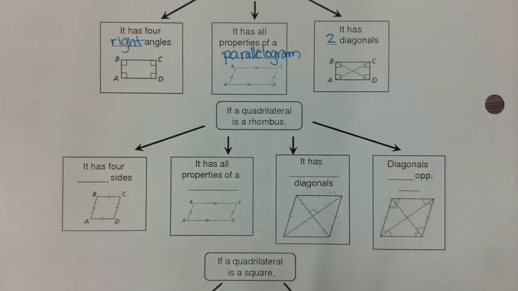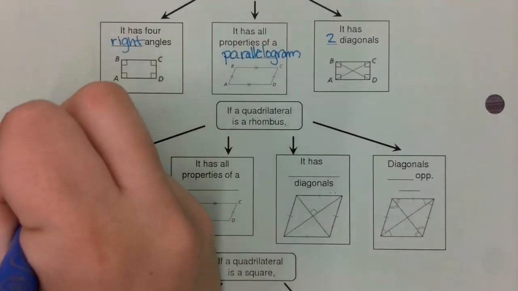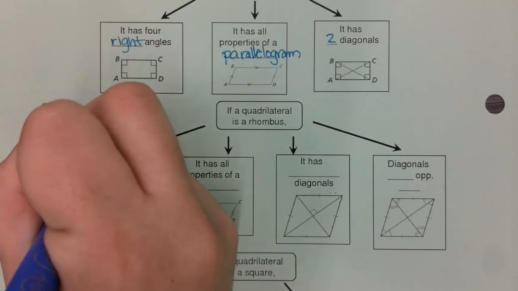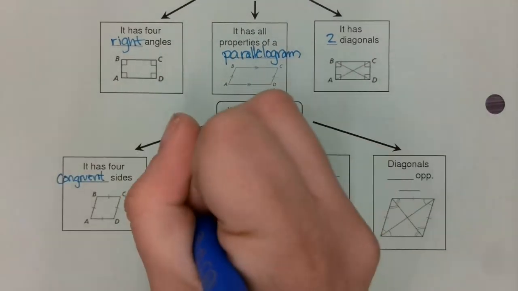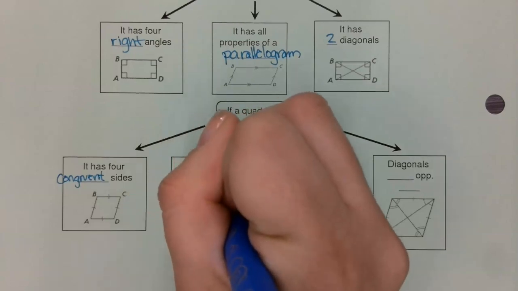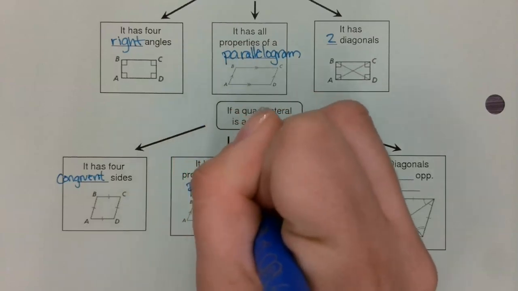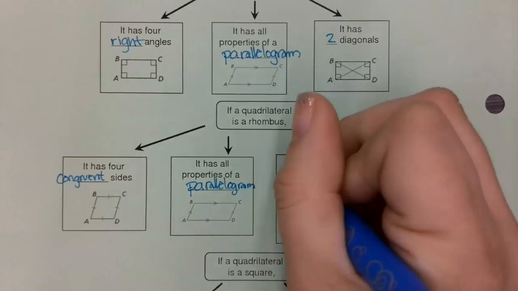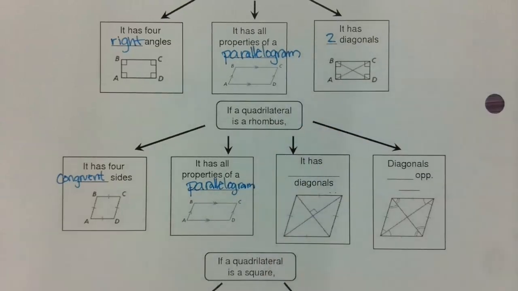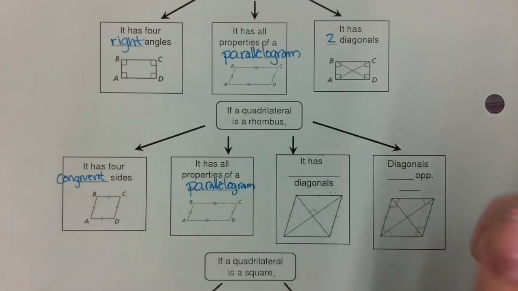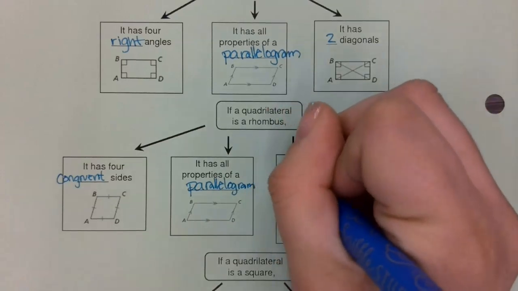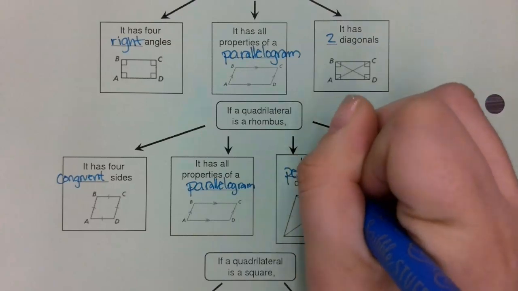Okay. So if it's a rhombus, it has 4 congruent sides. It has all the properties of a parallelogram. It also has, oh no, this one's different. Notice how my diagonals are making a right angle? It has perpendicular diagonals.